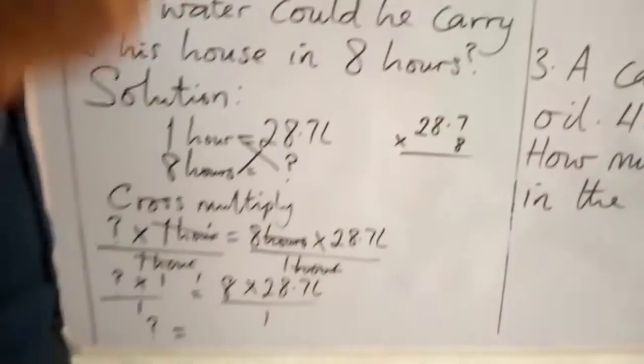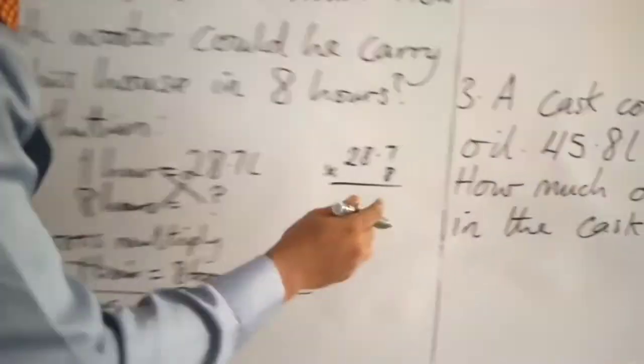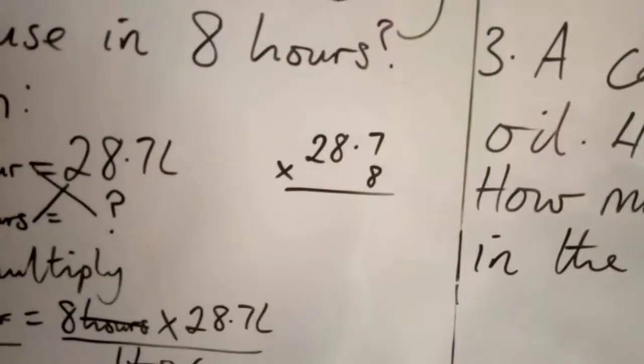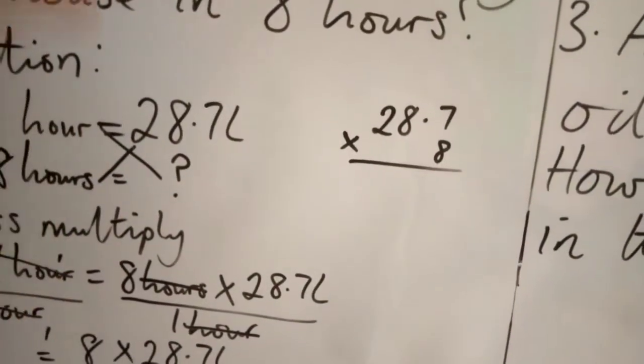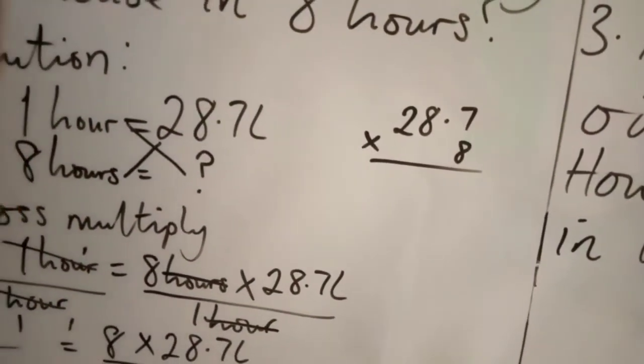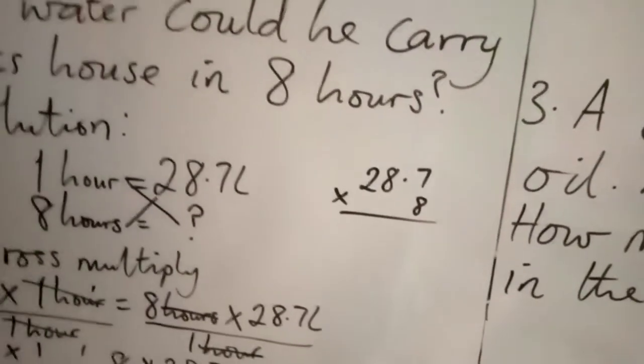Who can tell me what is 8 times 7? So let's go. 8 times 1, 8. 8 times 2, 16. 8 times 3, 24. 8 times 4, 32. 8 times 5, 40. 8 times 6, 48. 8 times 7, 56.